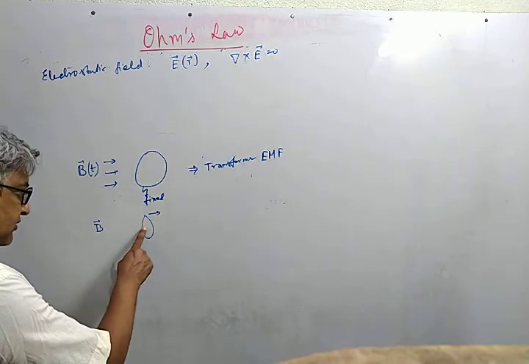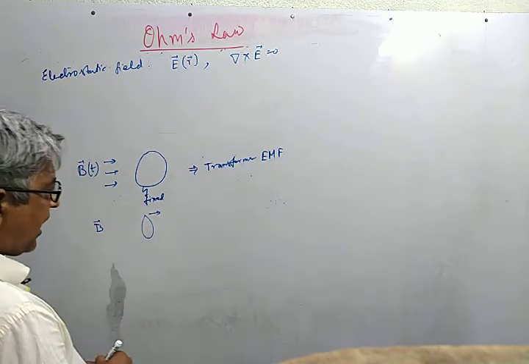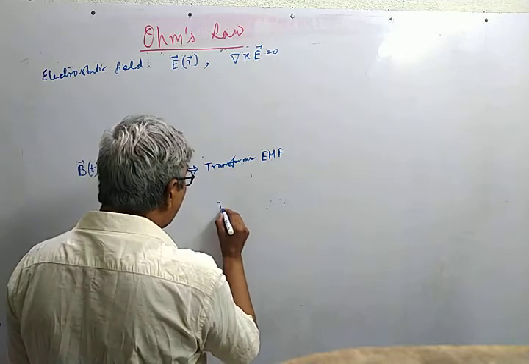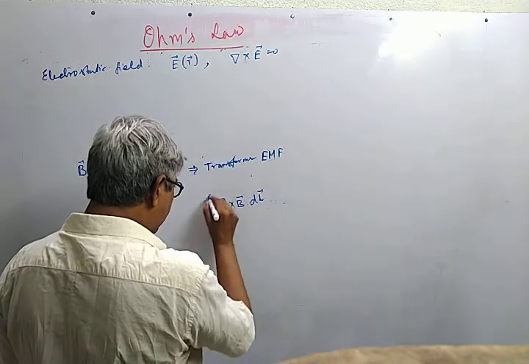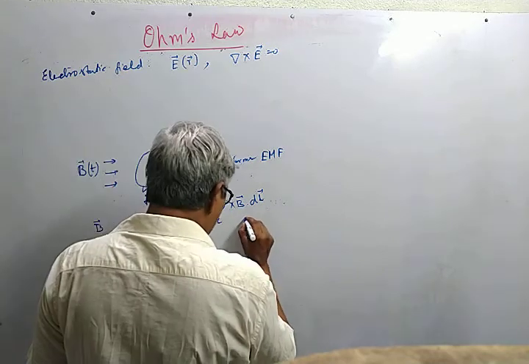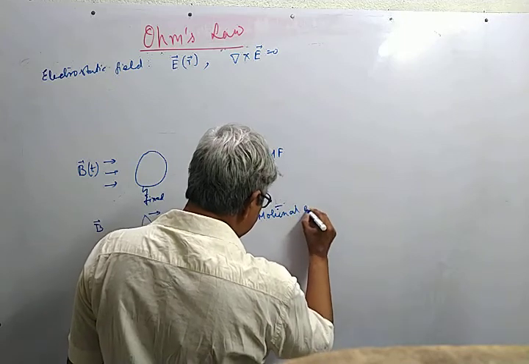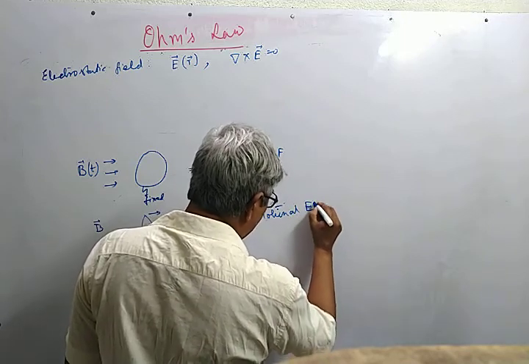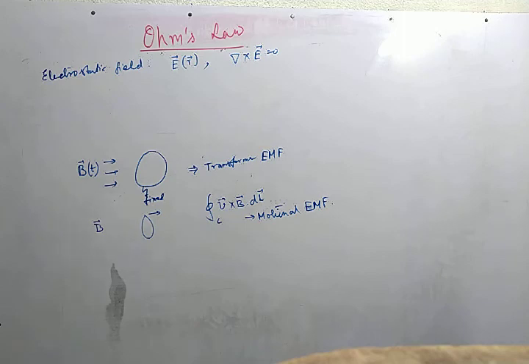Then the charges within this current carrying conductor experience a force, and this force is of the form V cross B dot dl, integrated over the contour. This is called motional EMF. So these are a few examples of EMF which we shall consider in detail in connection with Faraday's laws of electromagnetic induction.